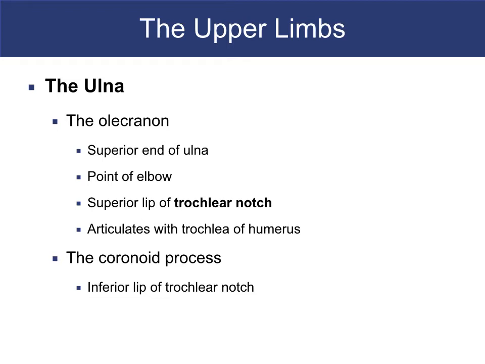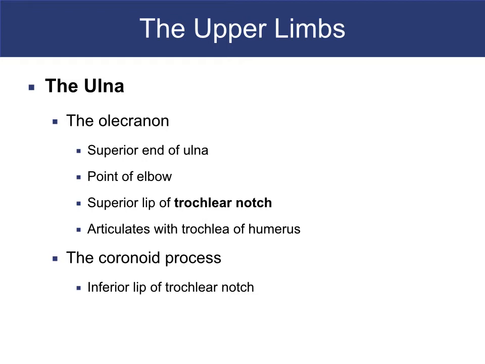The olecranon, let's talk about the ulna here for a minute. I've already touched on it, but the olecranon is the big thing at the end that you put your elbow on. It's the point of the elbow. The olecranon forms the superior lip of the trochlear notch.